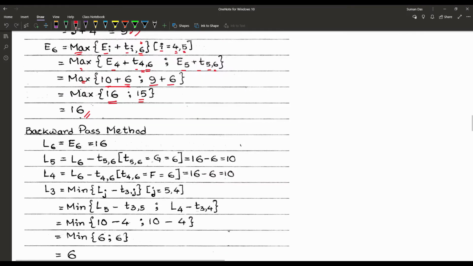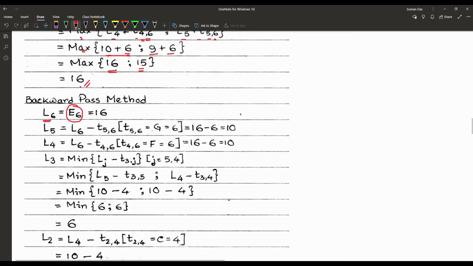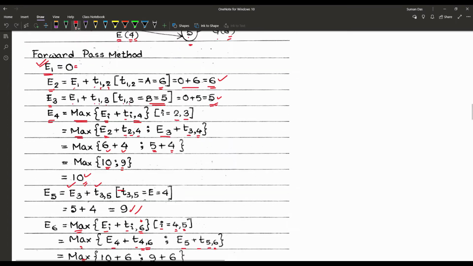Next we are proceeding to the backward pass method. Backward pass method means we are starting from node 6, and whatever we have found finally in E6, we write it here in node 6, and that one is 16. Then we reach node 5.